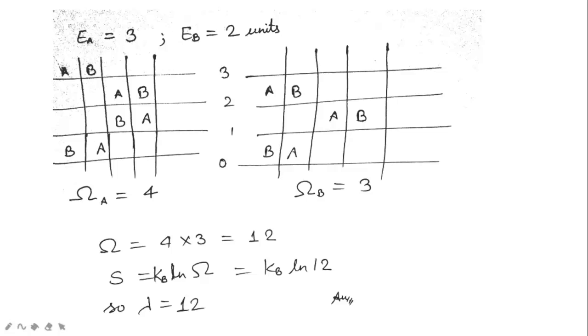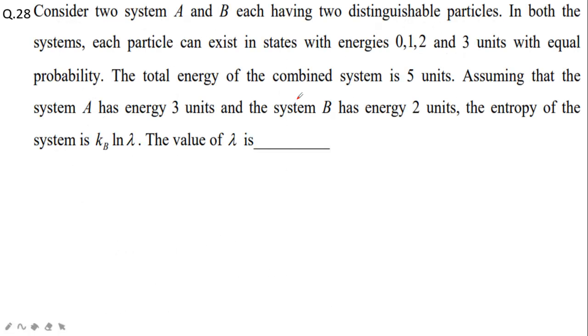The first way is both the particles should be in different states. There are 4 energy states, so the number of ways is 4. What is the question saying? Consider two systems A and B, each having two distinguishable particles. In both the systems, each particle can exist in states with energy 0, 1, 2 and 3 with equal probability.